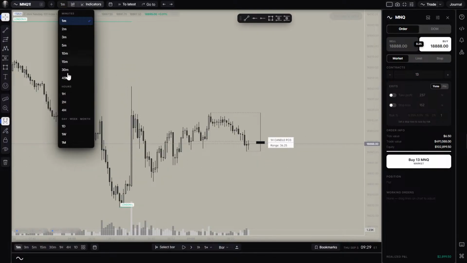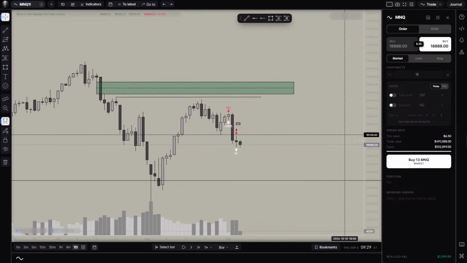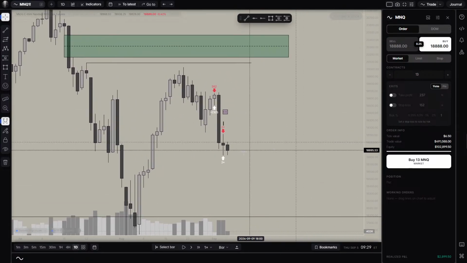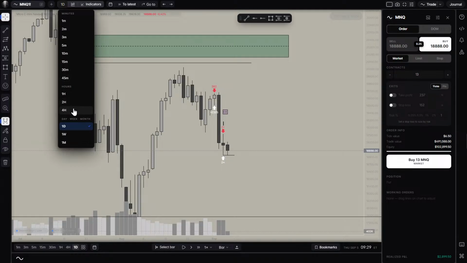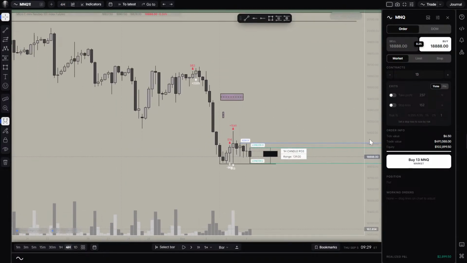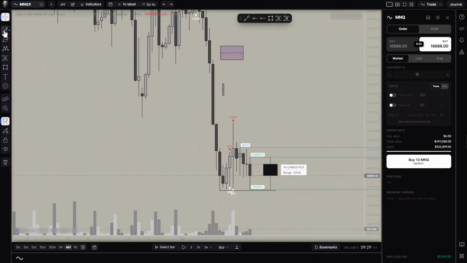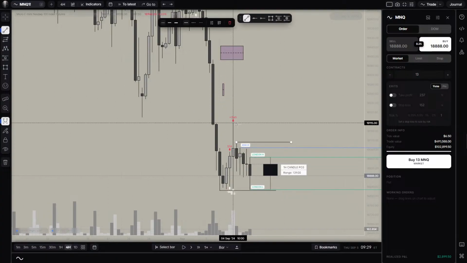We have data highs. On daily, we are around that. Can we sweep this previous daily low? That'll be awesome for bullish momentum to target these highs and obviously these highs also.